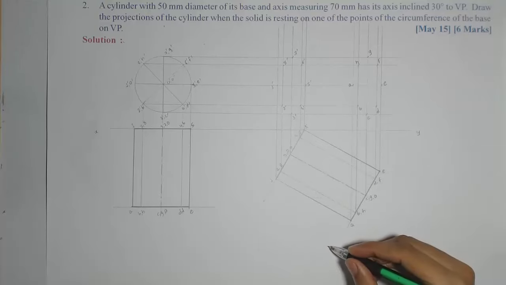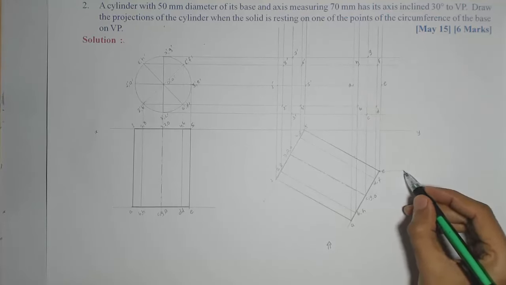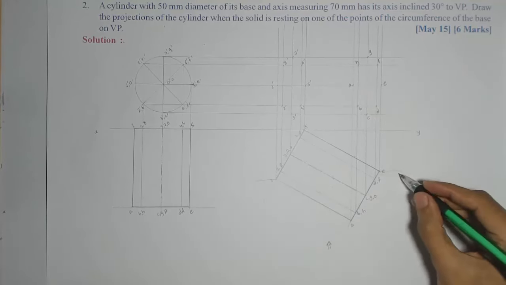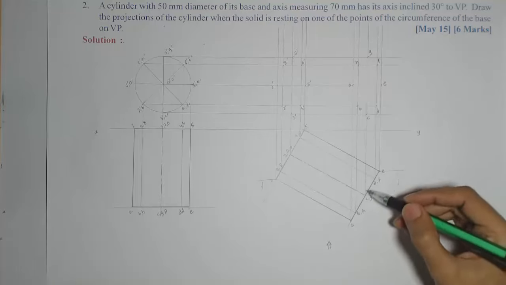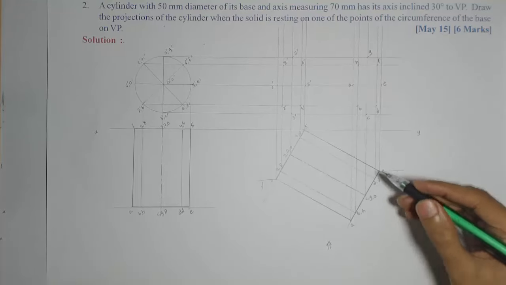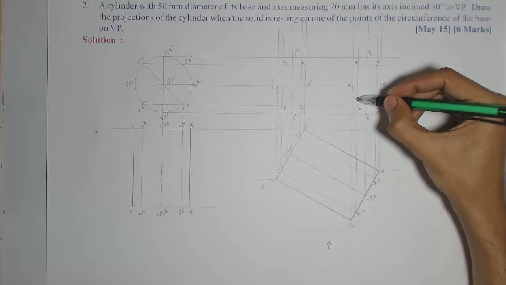So for that, I need to check the visibility. Observer direction is this for final front view. So if I mark the visible area, the portion below these lines is visible to the observer. That means the entire top base, which is A to G, is visible. So I can make this ellipse dark.